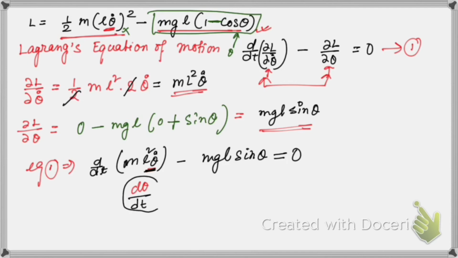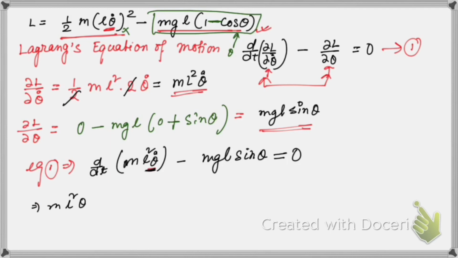If you differentiate it again with respect to time, d by dt of d theta by dt can be written as theta double dot, and then you will get the equation in this form.